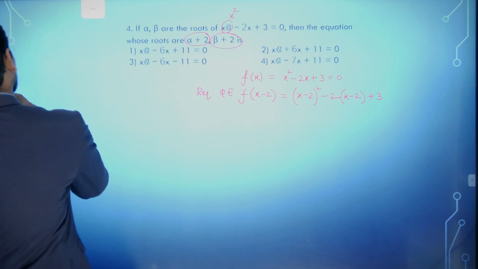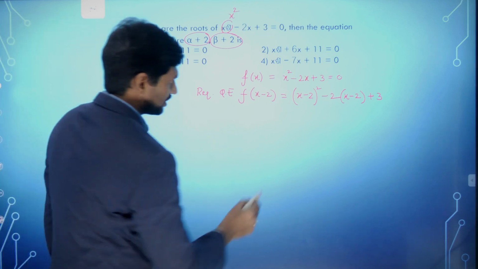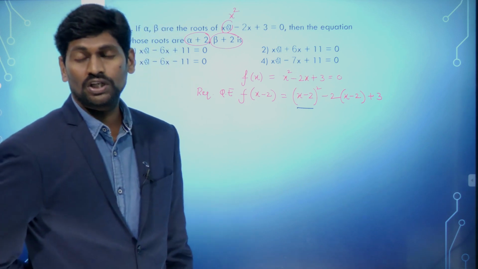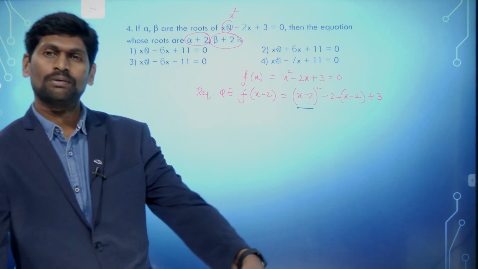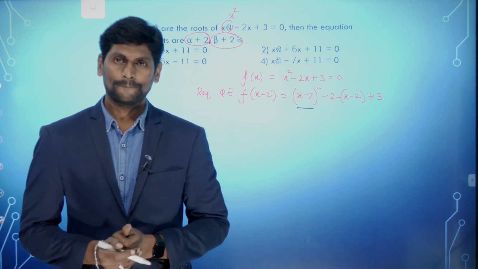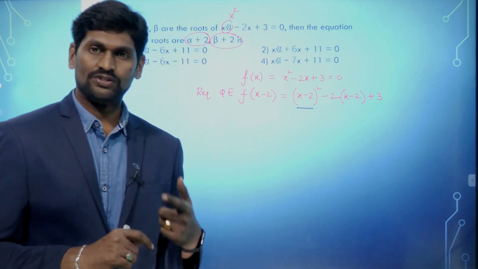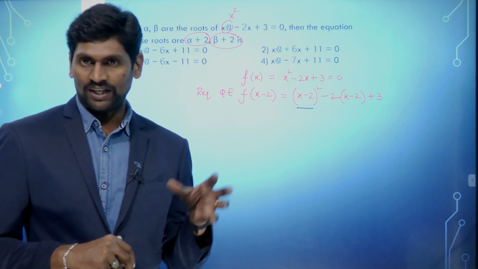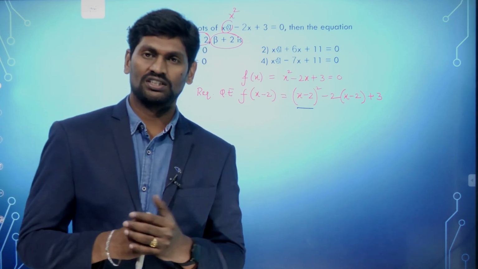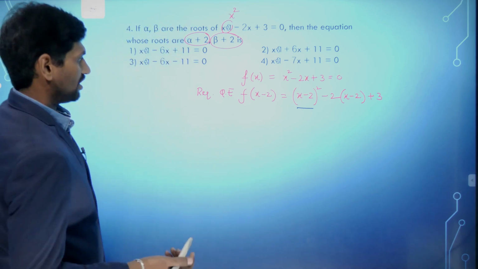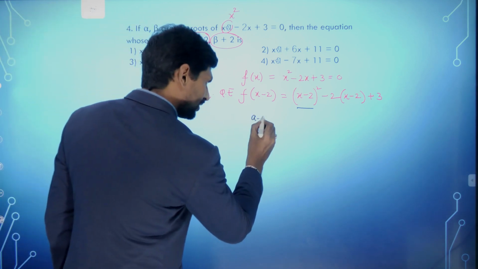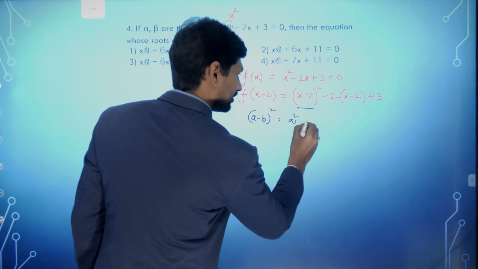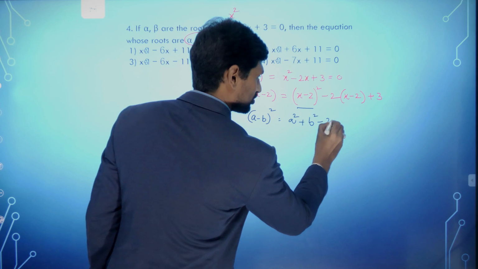Which formula is it looking like? Yes, it is looking like the a minus b whole square formula. Just tell me the a minus b whole square formula, children. A square plus b square minus 2ab, or a square minus 2ab plus b square, anything is same. I am writing here a minus b whole square is nothing but a square plus b square minus 2ab, am I right?